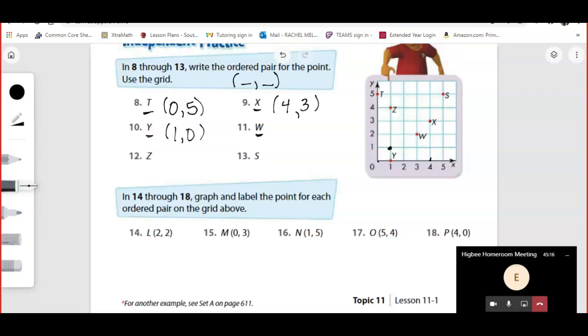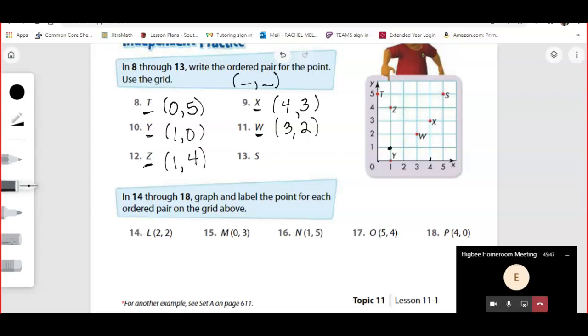Okay, what about W? Rita, can you tell me what the ordered pair would be? 3, 2. Do we agree with him? Yes. Over 3, up 2. Very good. What about Z? Lyric, tell me what Z is. 1, 4. Do you agree with her?